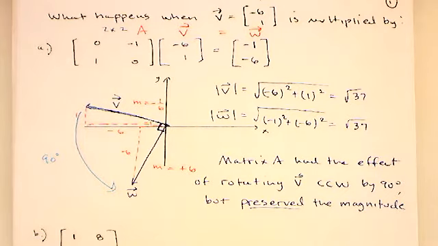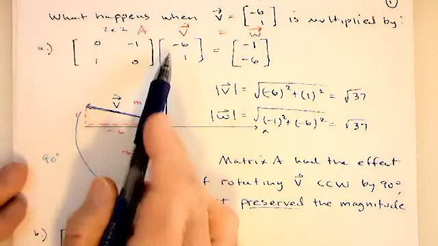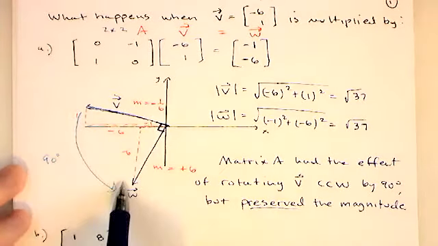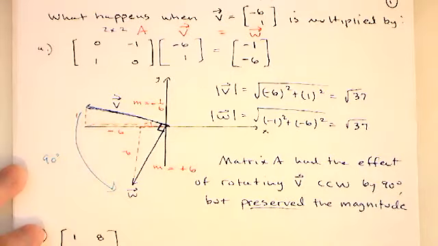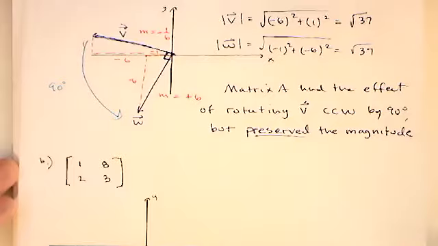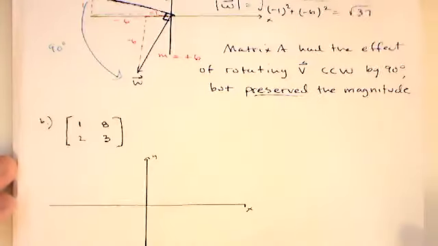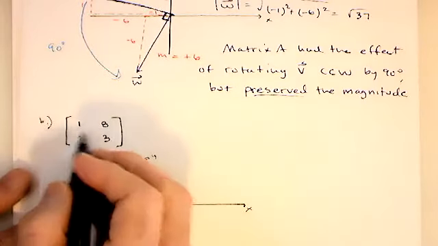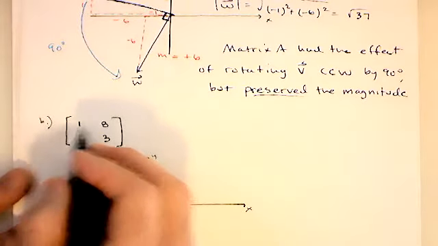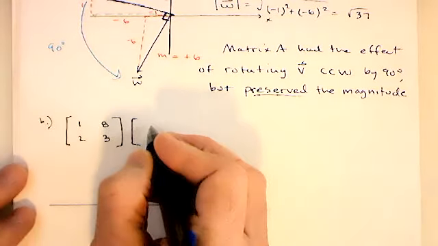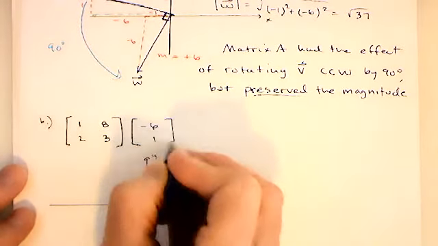So that's interesting, right? Will that happen every time if I multiply a matrix by a vector? Is it always going to just rotate it a certain amount and not change the magnitude? Your instincts are probably telling you that seems pretty coincidental. And you'd be right there. So let's say I take a different matrix, 1, 8, 2, 3, multiply it by our same original vector, negative 6, 1.